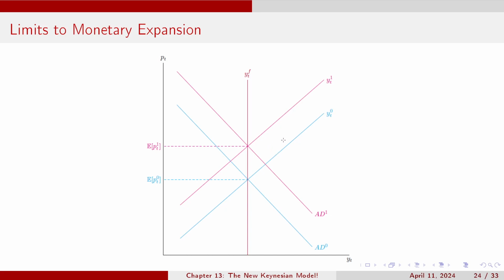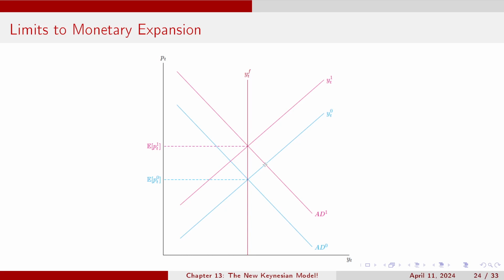And this YT0, short-run aggregate supply 0, shifting up to short-run aggregate supply 1, is going to shift up exactly to the point where you have an equilibrium of long-run aggregate supply, or YTF, and the new aggregate demand curve. That's when it stops.